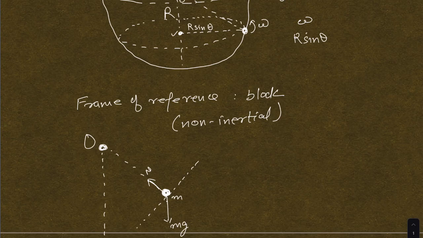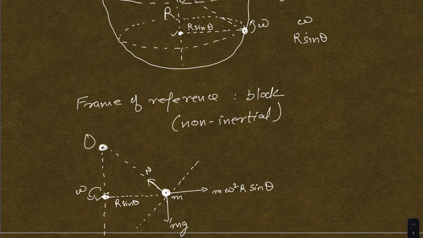And since the circular motion is around this center, in the frame of reference of the block, which is non-inertial, there is another force here, the centrifugal force. This is r sine theta, and the angular speed is omega. So this force is m omega squared r sine theta.